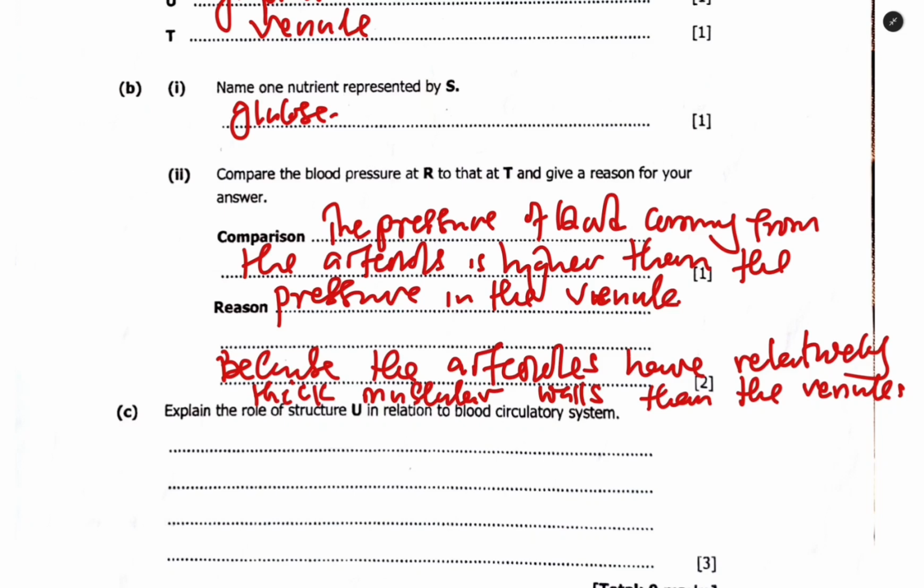The reason is because it carries blood at high pressure, and it is near to the heart. It carries blood from the heart to all parts of the body, and therefore it moves at high pressure. Now, to withstand that pressure, the arterioles are designed with relatively thick walls.